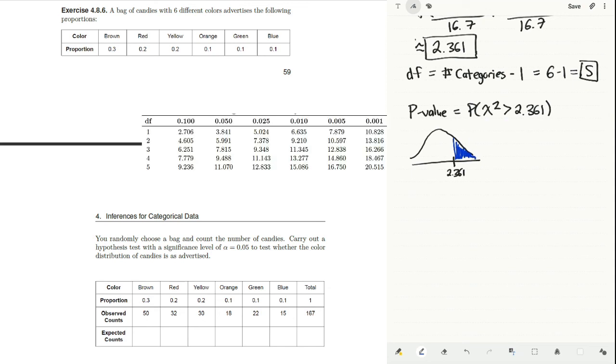So if we look in our table under 5 degrees of freedom, the test statistic of 2.361 falls to the left of the table. So the closest value is 9.236. So let's write down what the table gives us for the area. So the table tells us that the area to the right of 9.236 is equal to 0.1.